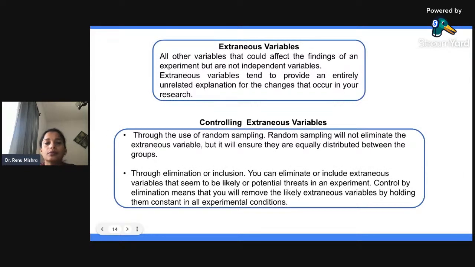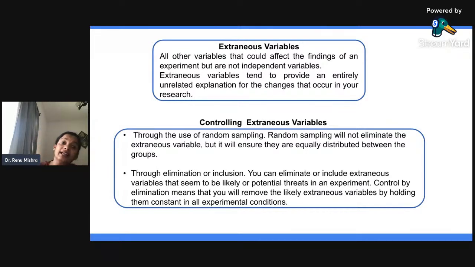Now we will talk about controlling these extraneous variables. Firstly, you should know that not necessarily every research will have extraneous variables.